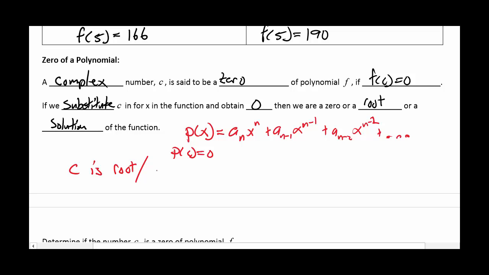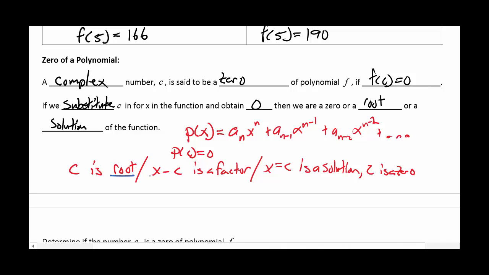I also know that x minus c is a factor of the function. I also know that x equals c is a solution of the function. And that c itself is a 0 of the function. Okay?